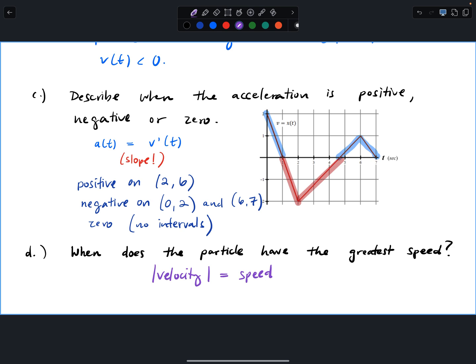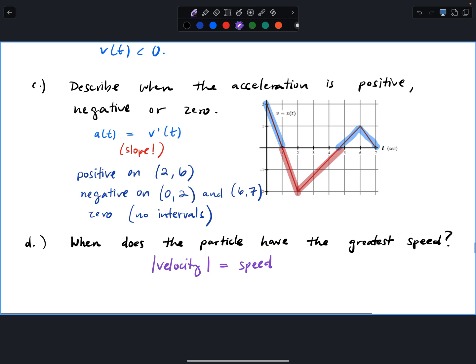So where does this graph have the highest speed? Highest velocity or lowest velocity? Do you guys agree that the highest point of this graph is 0, 2? And conveniently also the lowest point of this graph is 2, -2. But if I do the absolute value of this, what's the absolute value of -2? 2.